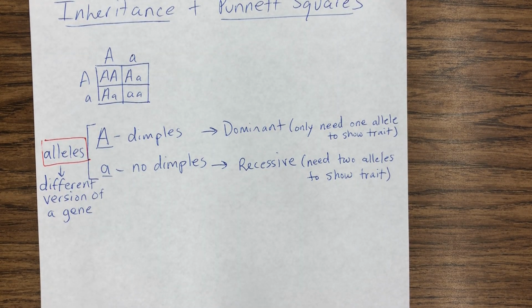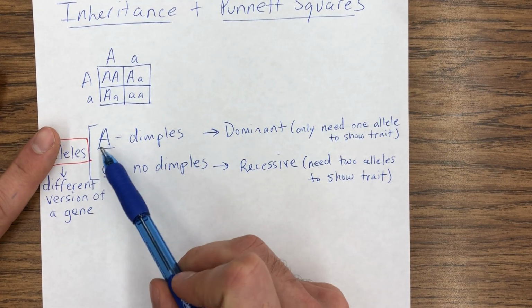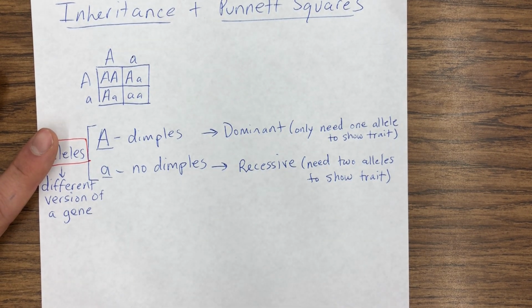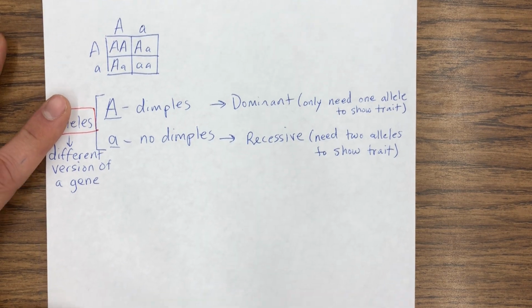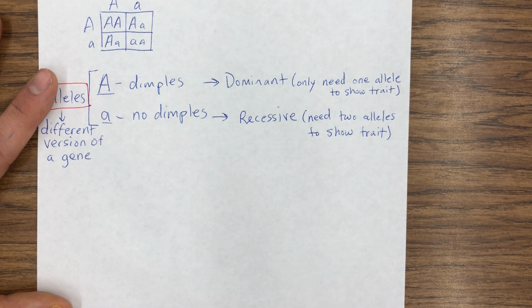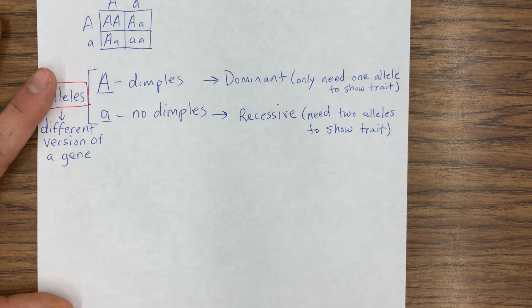Where do those letters come from though? I don't want you to just know capital and lowercase letters and that they stand for things. I want you to know that these actually have meaning inside of the cell. So what we're going to do here is investigate that. Let's talk about your parents.